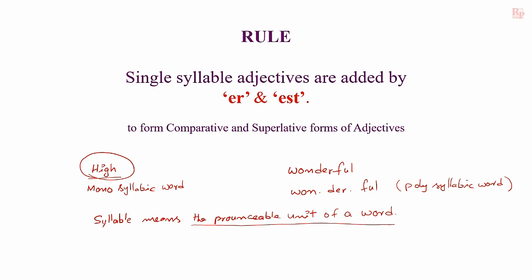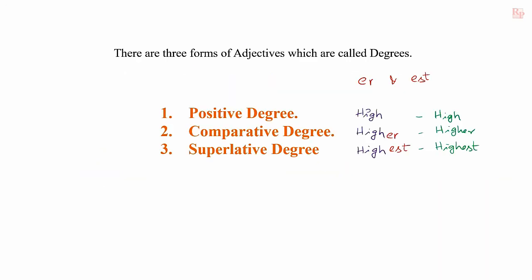When you want to use these adjectives in different degrees, you have to follow the rule of er and est. For example, you should write high as it is in positive degree. But when you want to write the adjective high in comparative degree, you must add er at the end of the letters h, i, g, h.